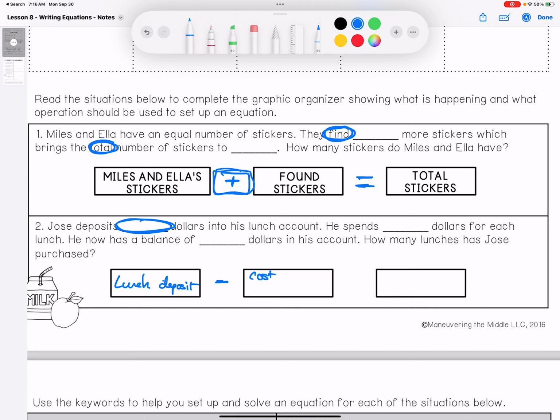That's subtraction. Cost of lunch equals his lunch balance. Once we figure out what his lunch balance is, we can figure out how many lunches he purchased.